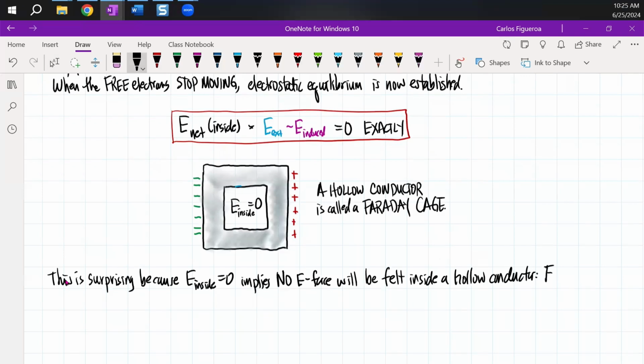Since the electric force is the charge times the E field, we can see that that guy is 0. That is shocking.